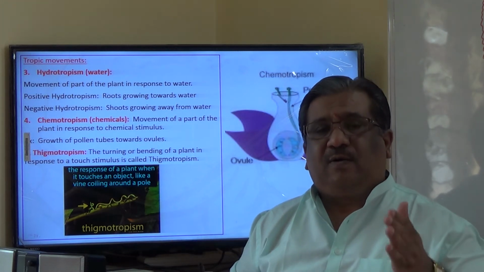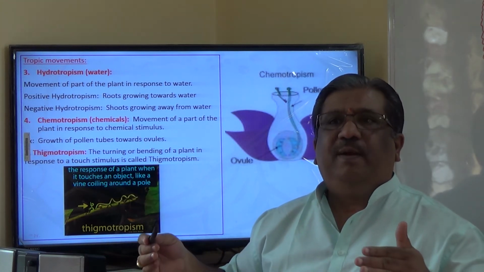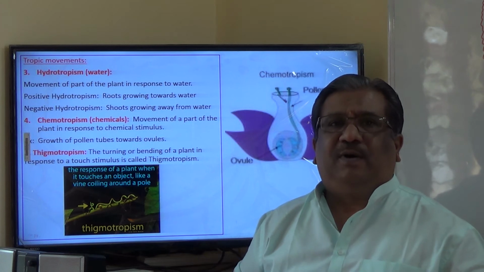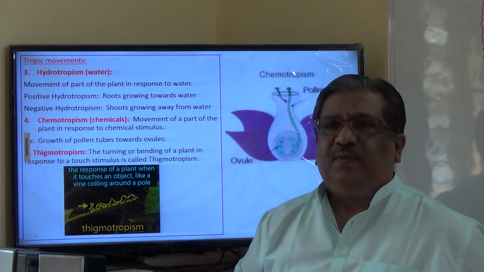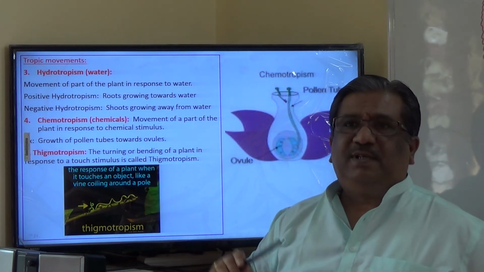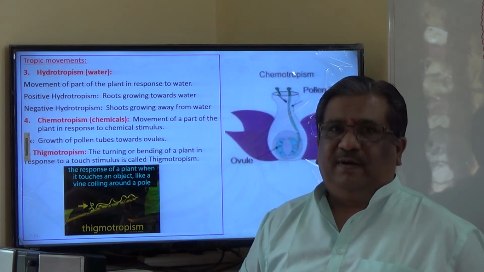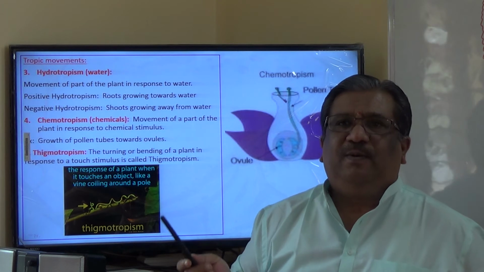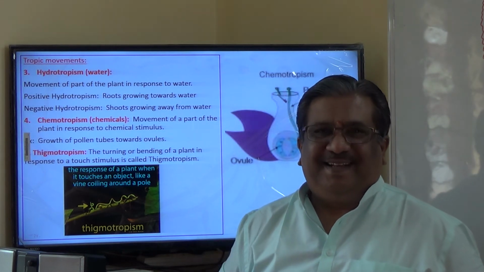Even though they are concrete walls, the roots are able to penetrate them in search of water. Therefore, we say the roots show positive hydrotropism. That means the roots move towards the water. Water becomes a stimulus over here. See, even without a brain, these plants are so intelligent, and we need to be more than that, isn't it?